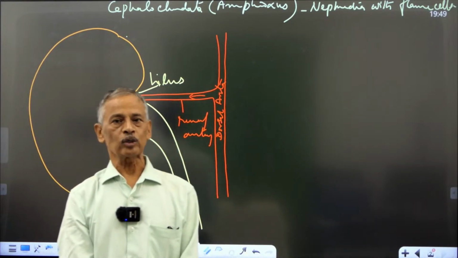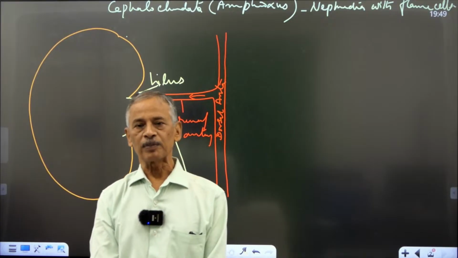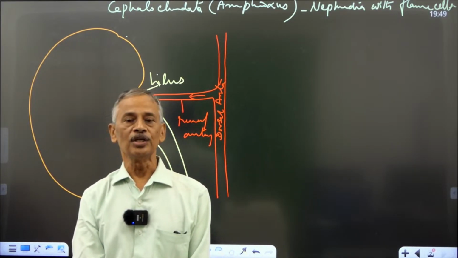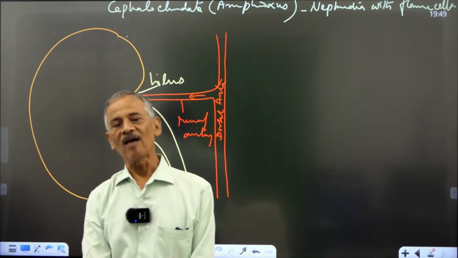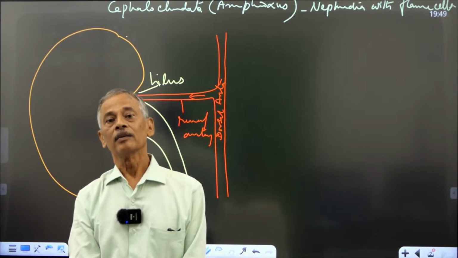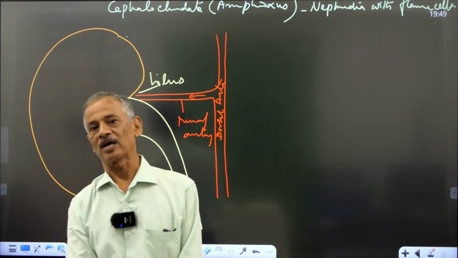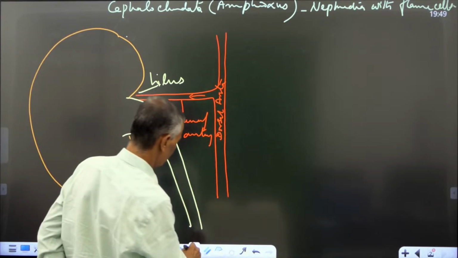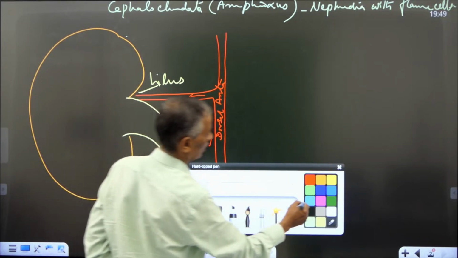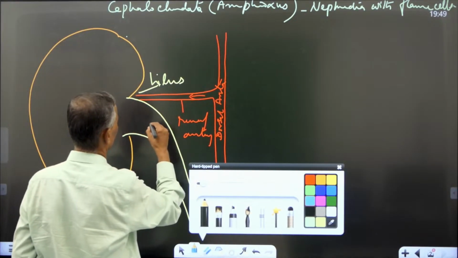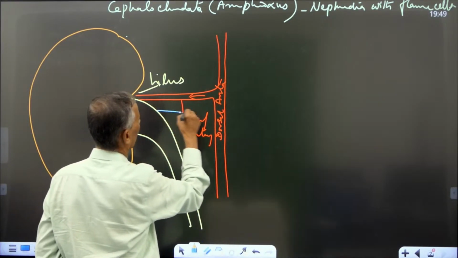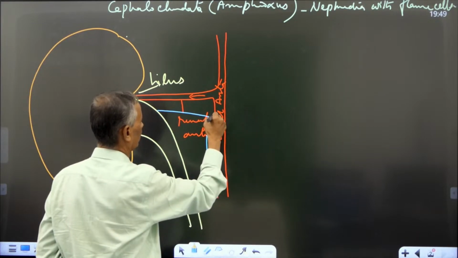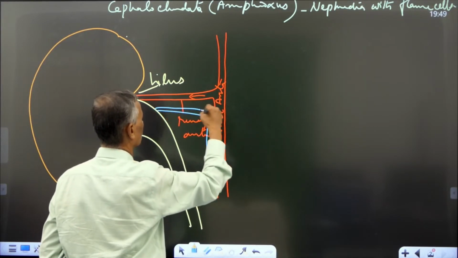This dorsal aorta gives a branch called renal artery, which enters into the kidney through the hilum, and after entering it branches. We will be coming to that part. Similarly, it is through the same hilum or hilus that blood is taken out.